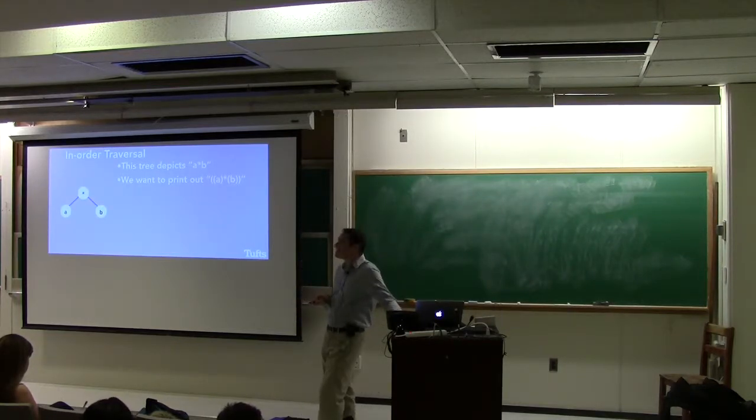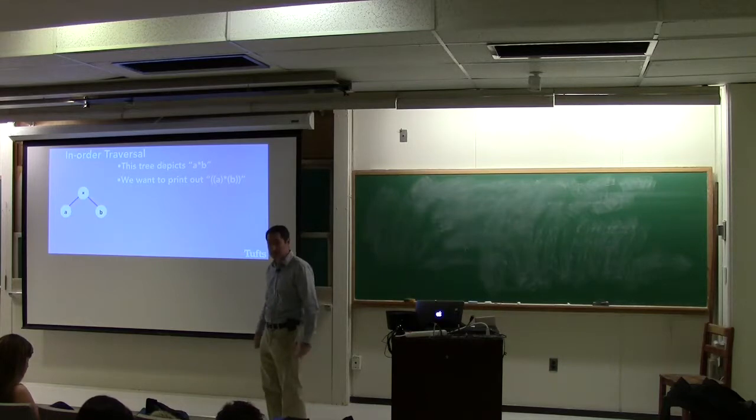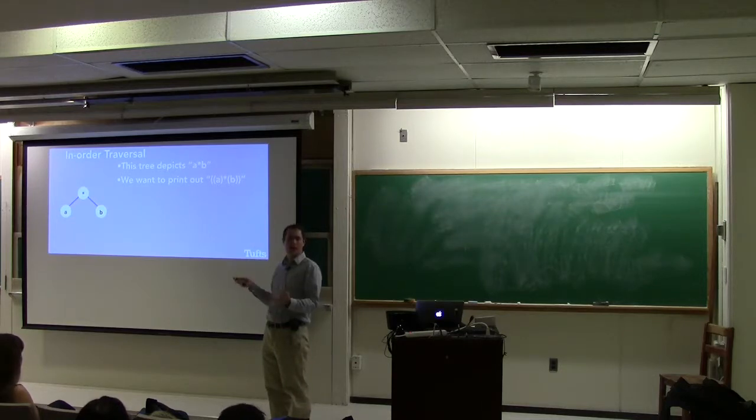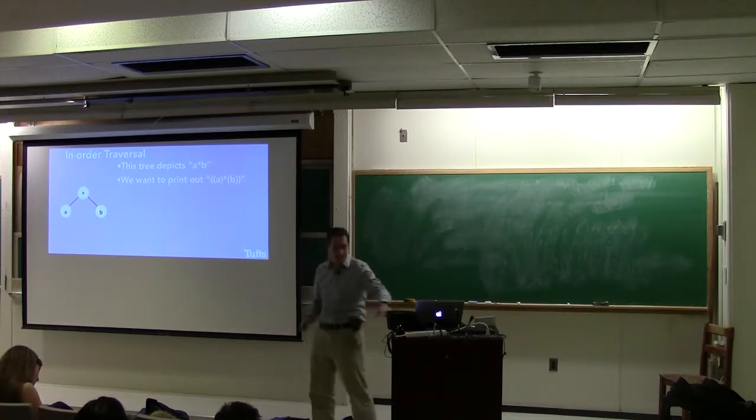If we want to print this out, we showed yesterday how to print out the postfix notation, which doesn't require any parentheses. But we could use this to print out something with parentheses that would not require order of operations, but still be the regular, what we call infix notation, where the operator happens in the middle. We could do this where everything gets parenthesized.